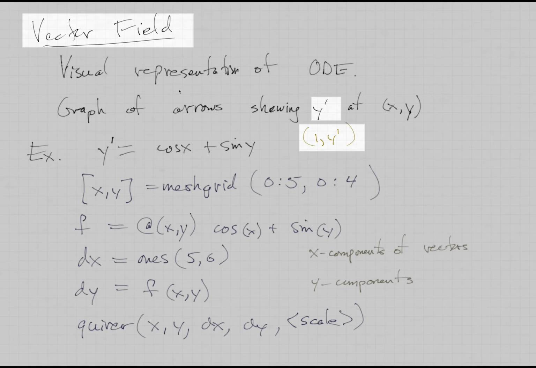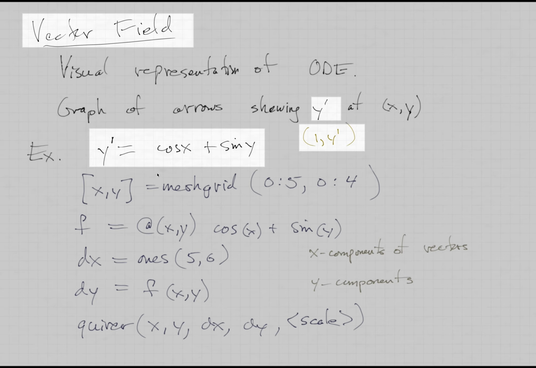Take a bunch of points in the xy plane and plot the corresponding vectors at those points, and then we can actually see what the function f looks like. Okay, so I'm going to do this with the example y prime equals cosine x plus sine y. Difficult to solve formally, but you can see that by plotting a vector field in MATLAB, we'll get a very clear idea of what the solution would be like.